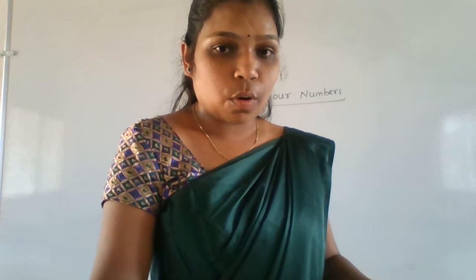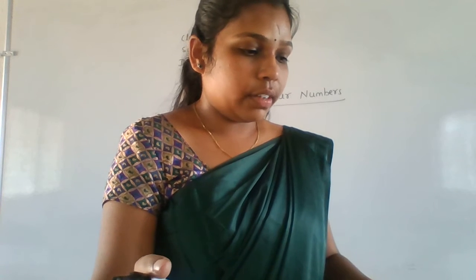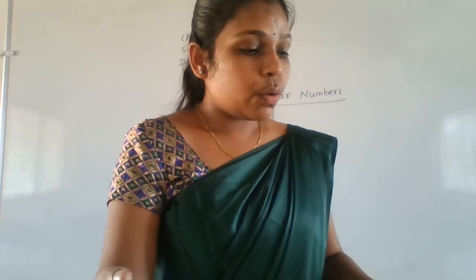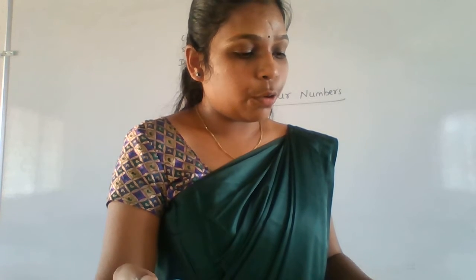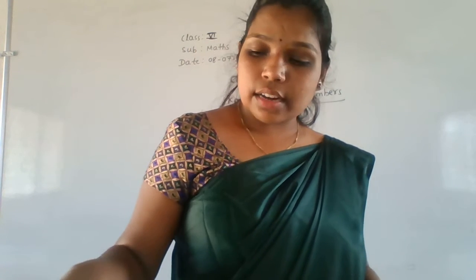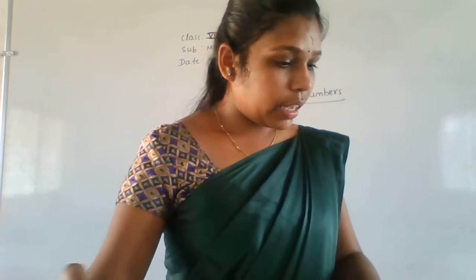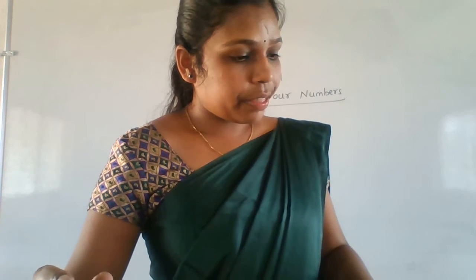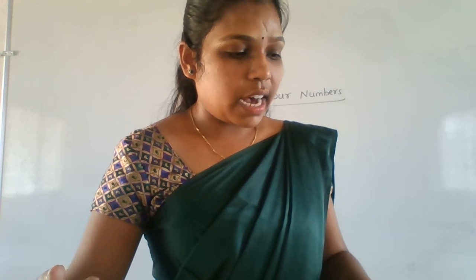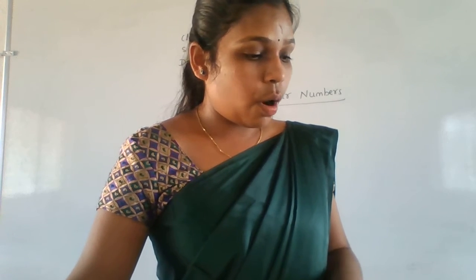You already know how to find the greater number as well as the smaller number, right? The second one is which one is the smaller, that you have to find here. The third one is arrange the following in ascending order.